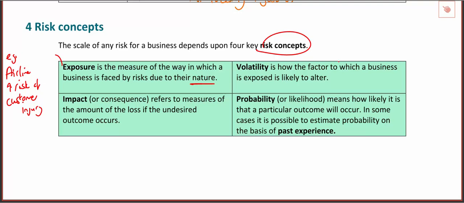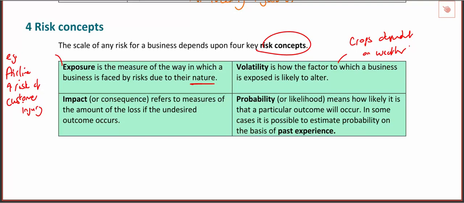Volatility is talking about how much the exposure is going to change. So for example, if I'm some sort of farmer, my crop harvest is going to be massively dependent on weather, and the crop can vary massively depending on whether I have good weather in the season or bad weather in the season.